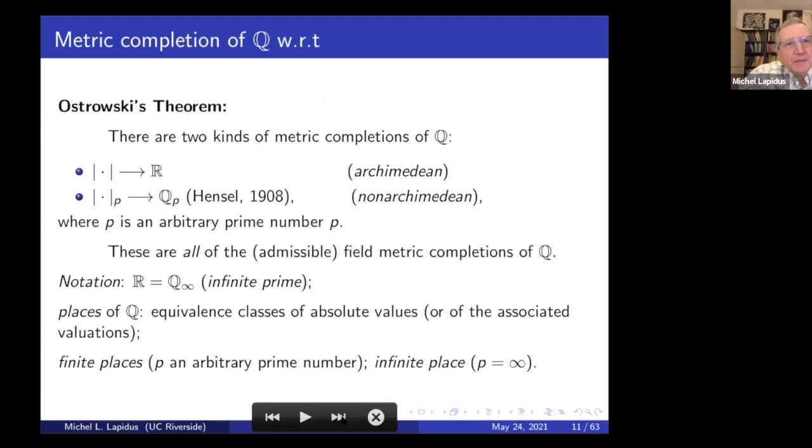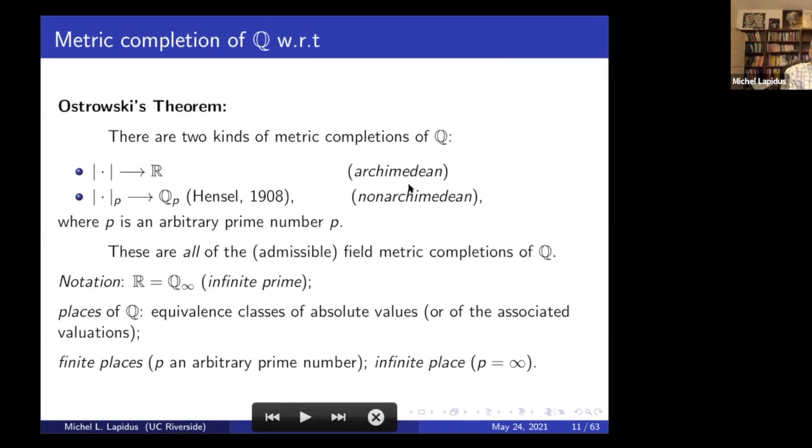All right, so Ostrowski's theorem says that there are two kinds of absolute values, of metric completions of Q. That's one way to state the Ostrowski theorem. The first one is the usual absolute value on the rational numbers, and the completion gives rise to the real numbers. That's the Archimedean case.